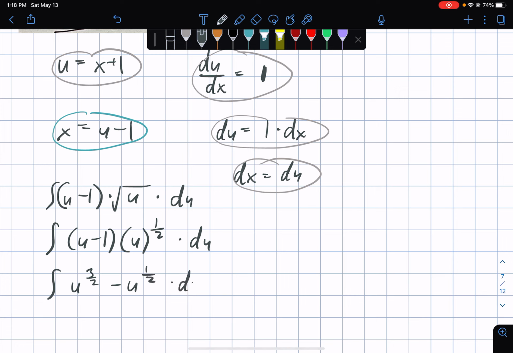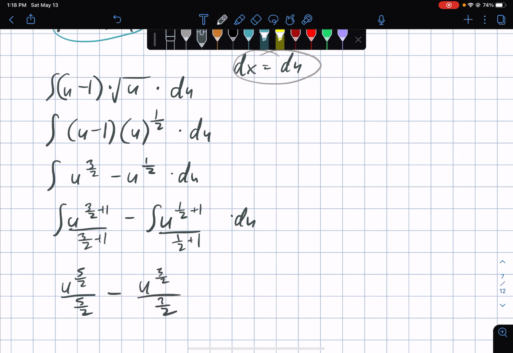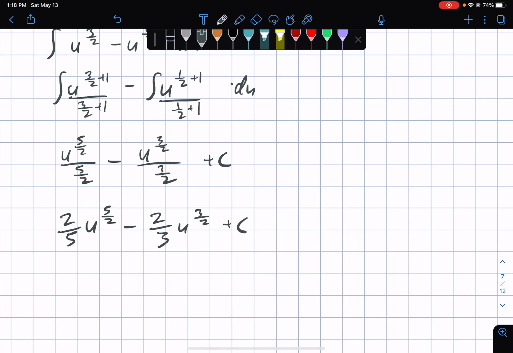Okay, and then power rule: 1 half plus 1, and then 3 over 2 plus 1. U raised to 5 over 2 over 5 over 2 minus u raised to 3 over 2 over 3 over 2. And then we put plus c already. You simplify this, it's gonna be 2 over 5 u raised to 5 over 2, and then the other one would be 2 over 3 u raised to 3 over 2, and then plus c.